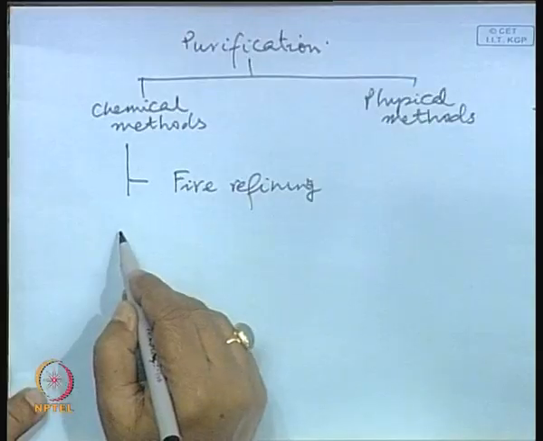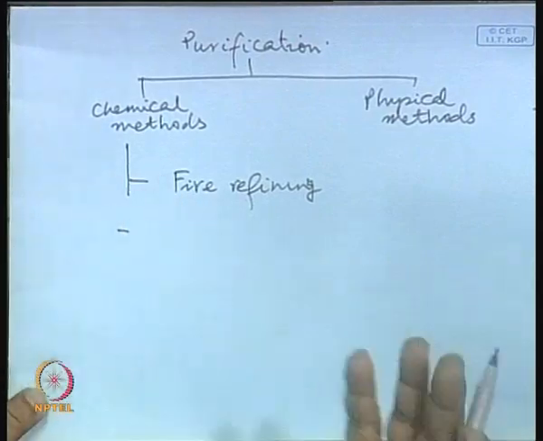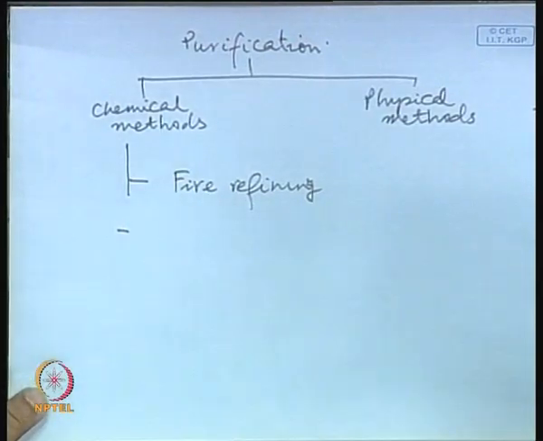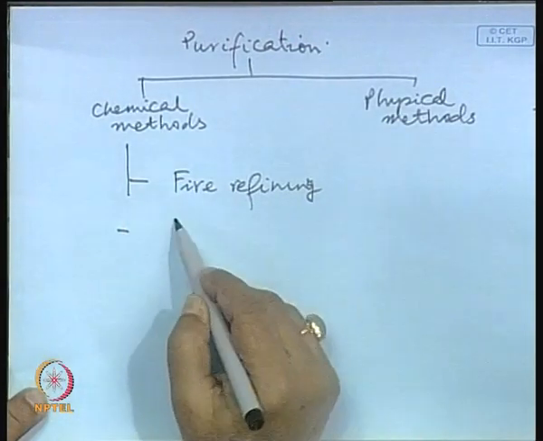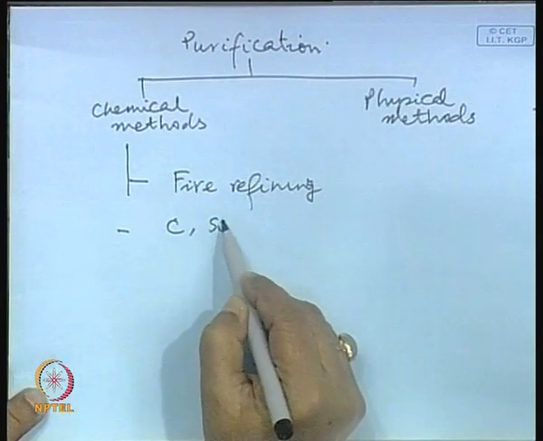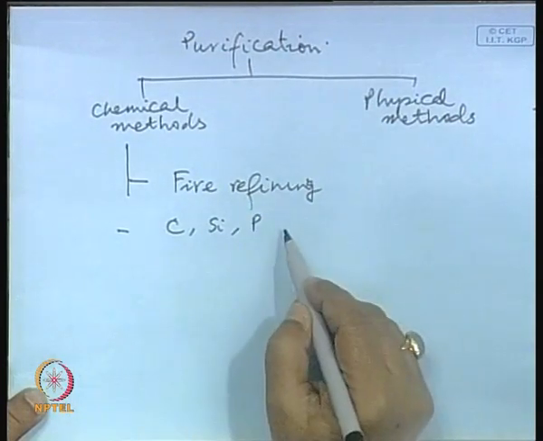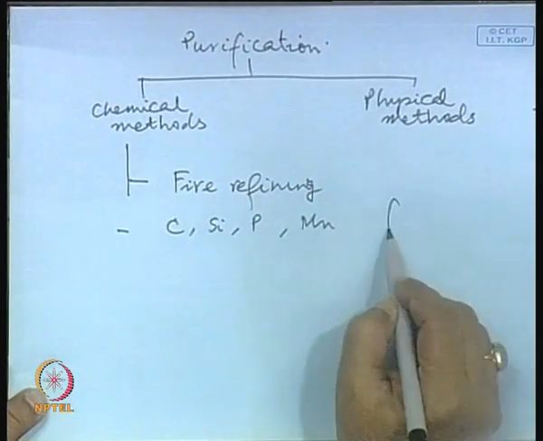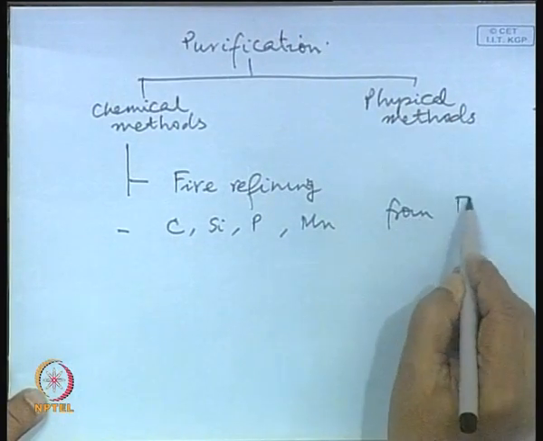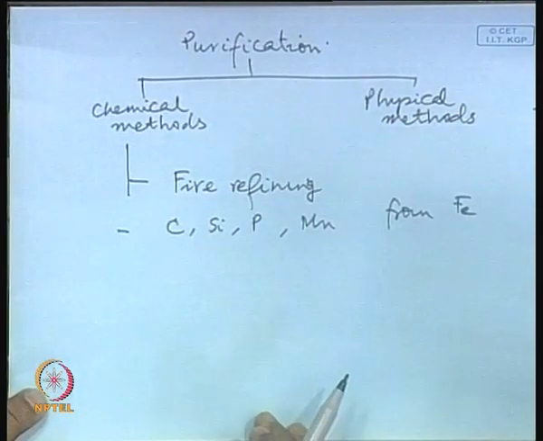Simply by keeping it under fire in the molten state, or by injecting oxygen through that, we can remove carbon, silicon, phosphorus, manganese from iron. This is how pig iron is purified in the iron and steel industry. From pig iron to steel, steel is a purified version of pig iron.